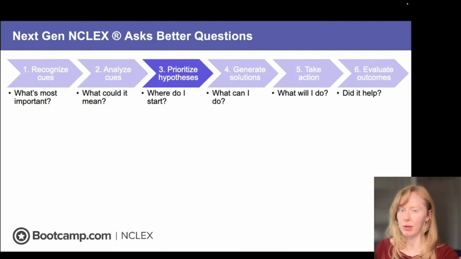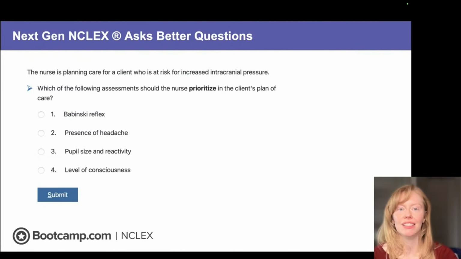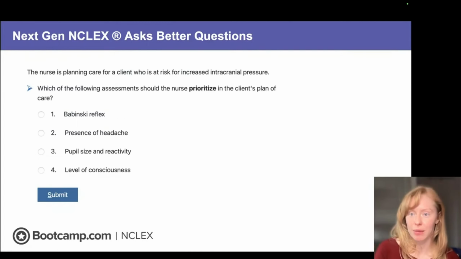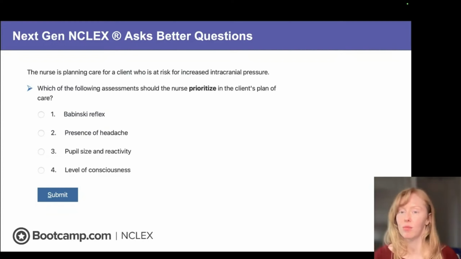I agree with you. When our patient comes out from a craniotomy, we are going to prioritize looking at increased intracranial pressure. And when I want to prioritize my assessments, we're going to have some assessments that are more useful than others, because you guys got it. ICP is the most important thing. So which of these assessments should we prioritize? You guys have all guessed ICP, bleeding, level of consciousness.